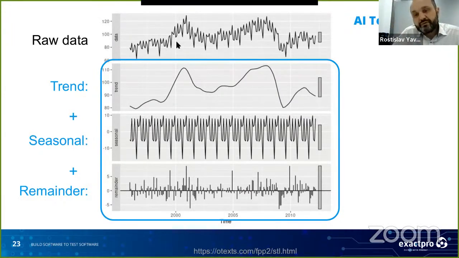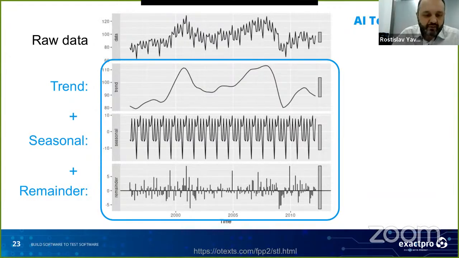You assume that traffic couldn't be the same yesterday and today, because it's a different season, or maybe you invested in a marketing campaign, etc. So you have some trend in your data, and you might also have seasonal components. For example, if you have weekly data, you will always have something different during the weekend and during working days.